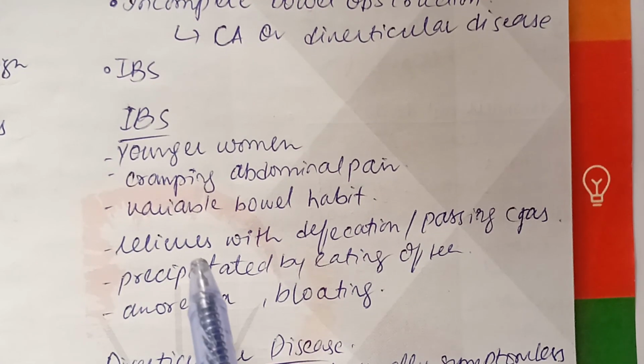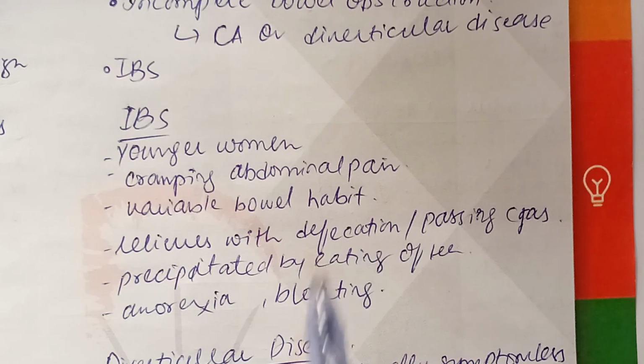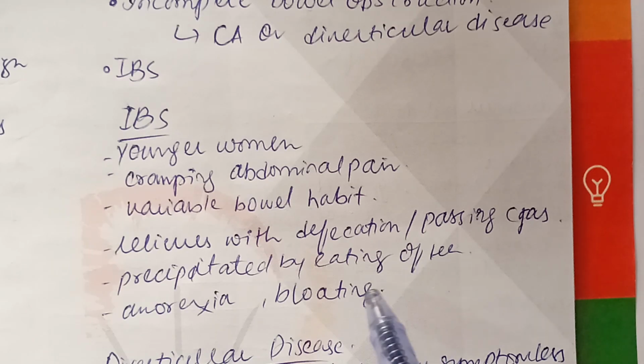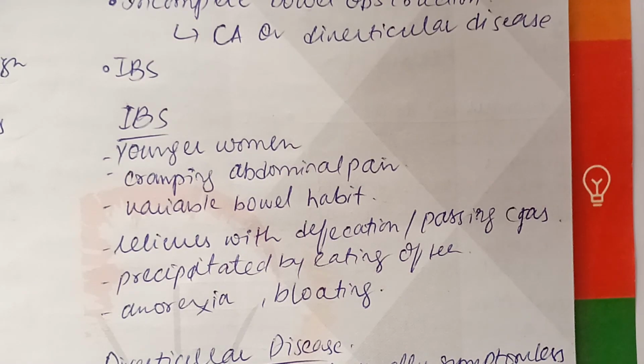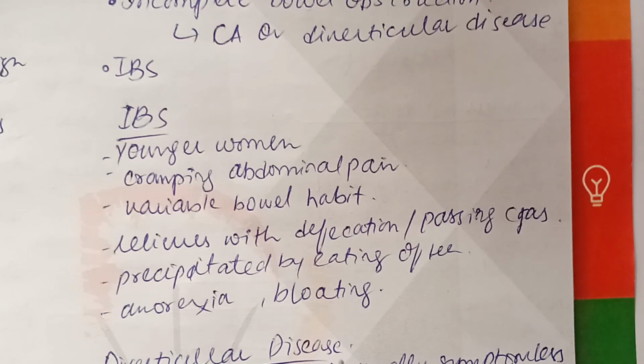Most of the time the pain is relieved by defecation or passing gas, and it is often precipitated by eating. If there is any stress going on, IBS can be there, along with anorexia and bloating. These are some of the signs and symptoms of IBS, and stress can be the triggering point.